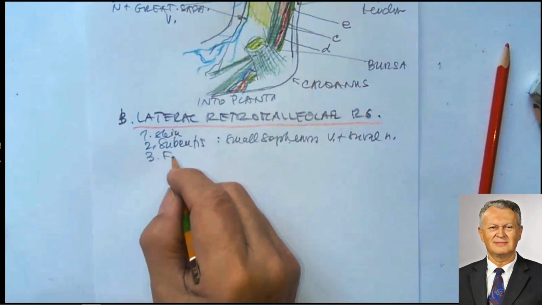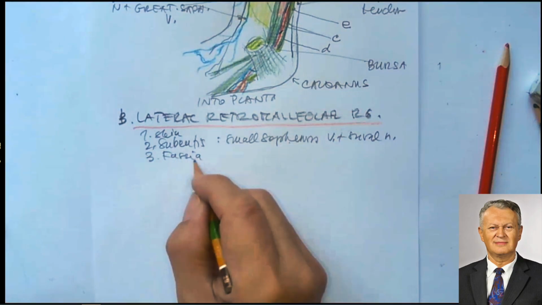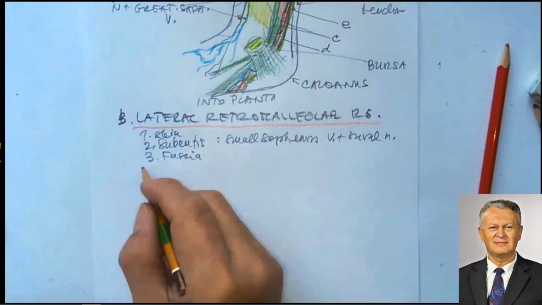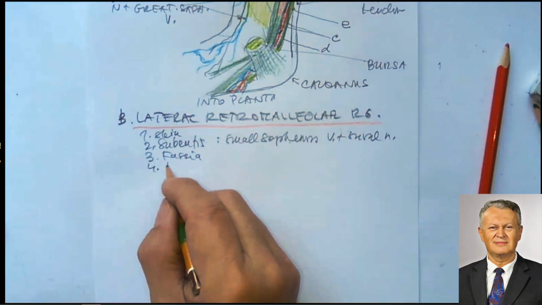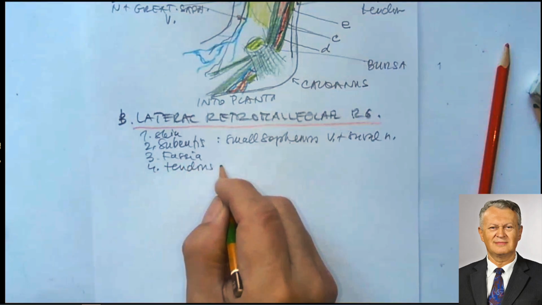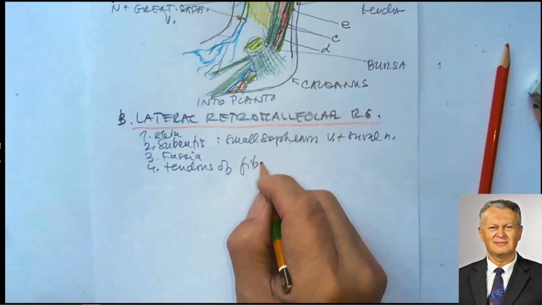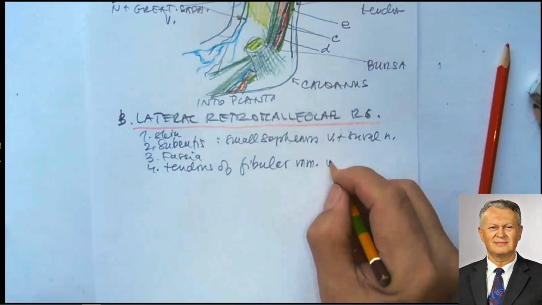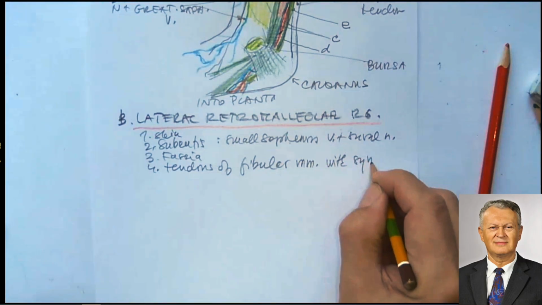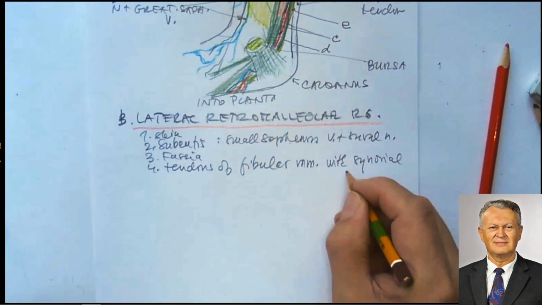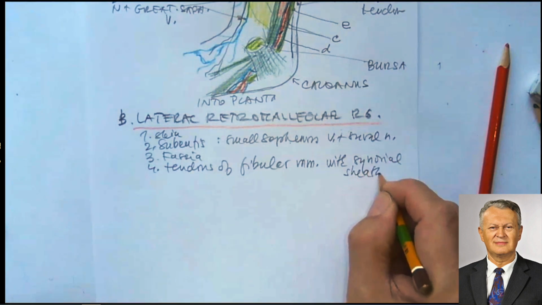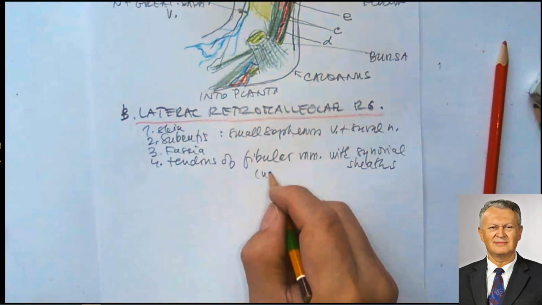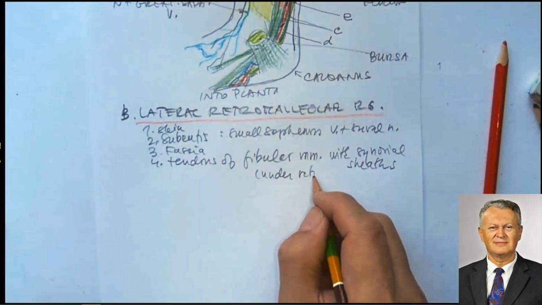Then fascia follows, fascia dorsalis pedis. Then follows the group, I would say, tendons of fibular muscles with synovial sheath or tendinous sheath, as we said, sheaths plural, under retinacula.